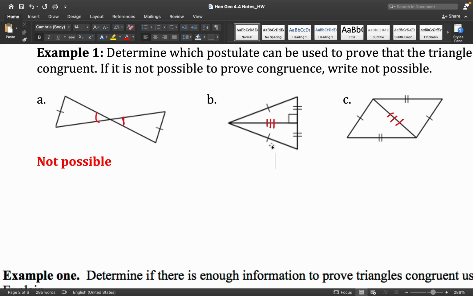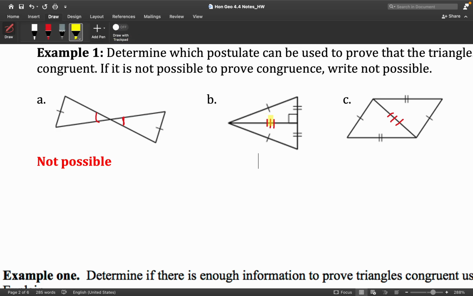On B, I have all three sides are matching. Right? I have one pair right here. I have a second pair there, and I have my third pair, which is the matching pair. So this one could be side, side, side.